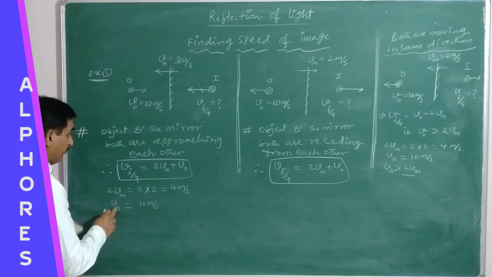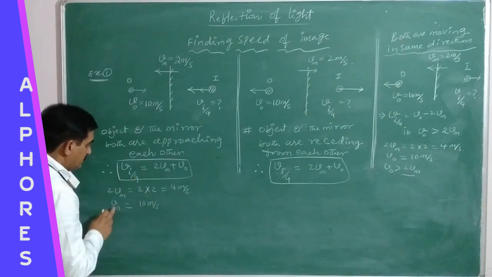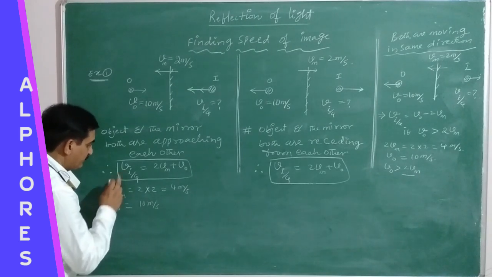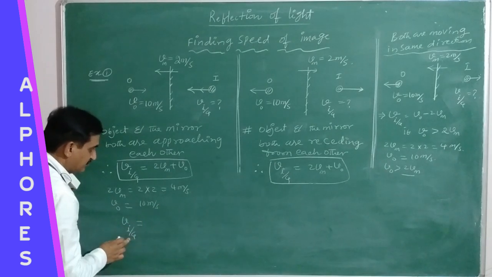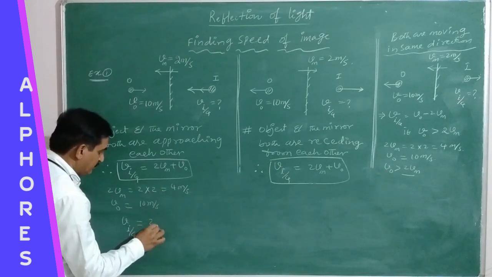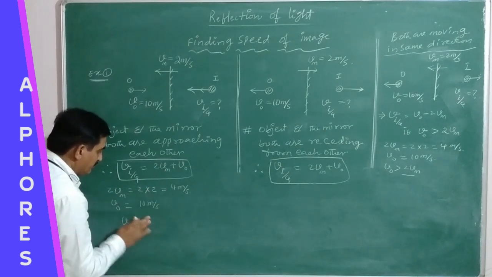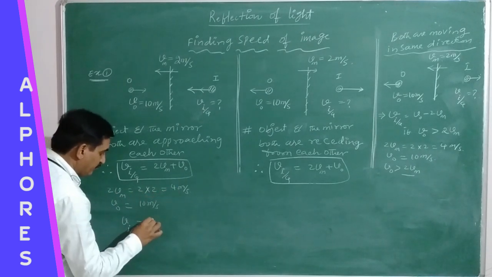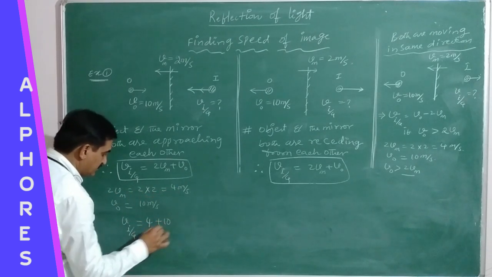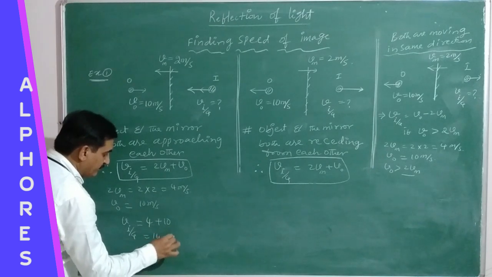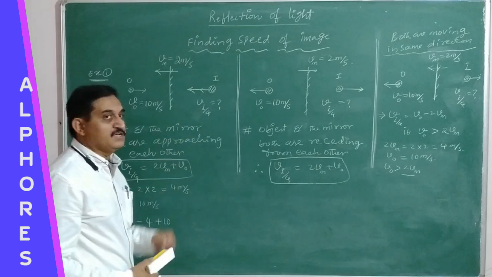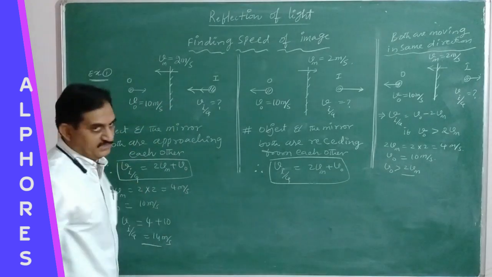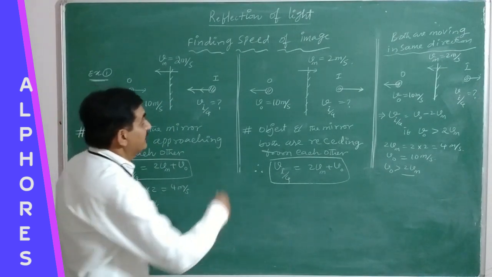Therefore by adding these two speeds of the image, you get the final speed of the image in the plane mirror with respect to ground, which is 2Vm, already obtained as 4, plus 10, which gives us 14 meter per second. This image will also approach the plane mirror. And let's go for the second one.